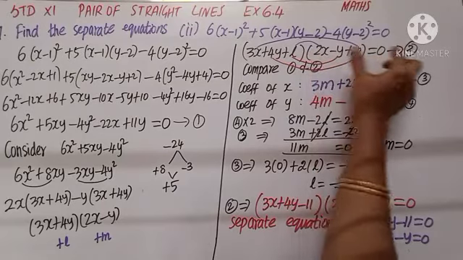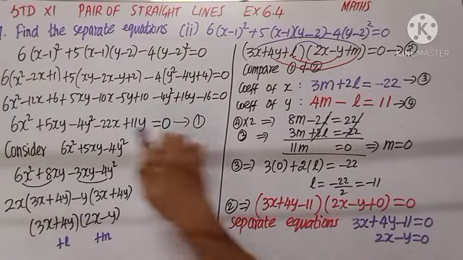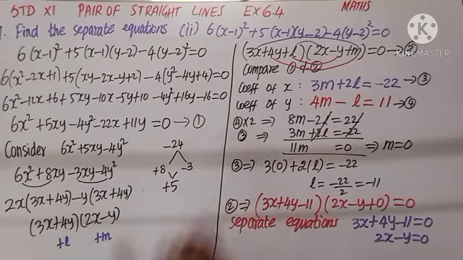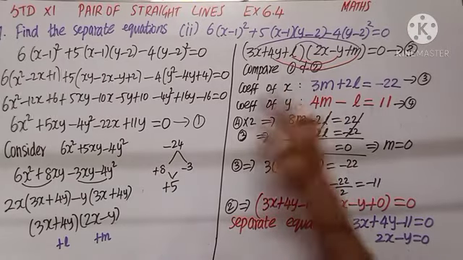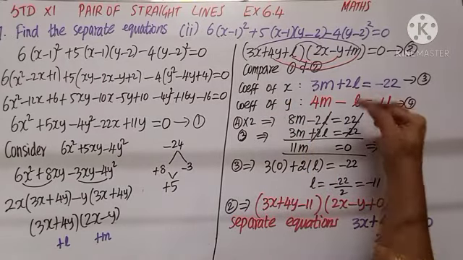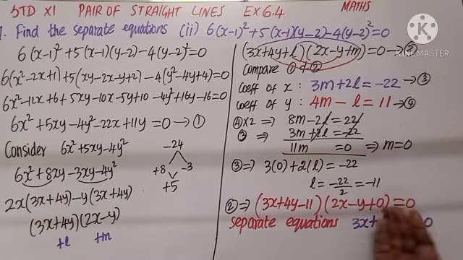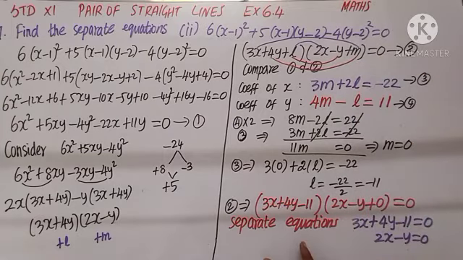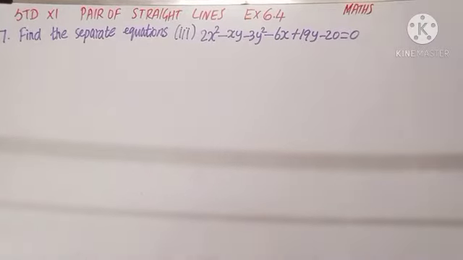As I multiply the two factors, call it 2. The original combined equation let us call 1. We compare 1 and 2 for the coefficients of x and y. As I compare, I solve them, I get what L and M are. Put them back in the second equation, from which we write the separate equations. Try the third subdivision yourself and verify your answer.